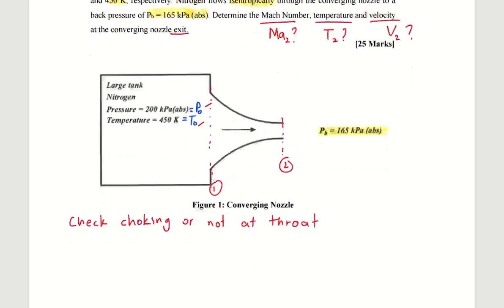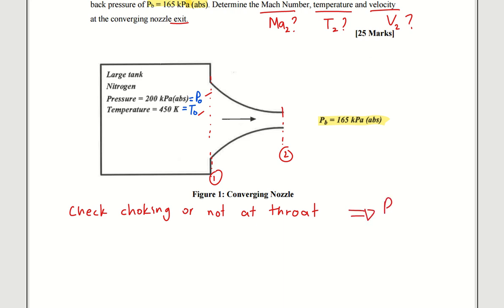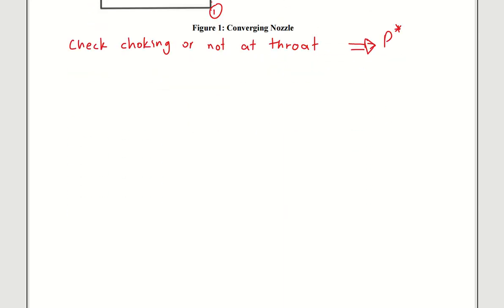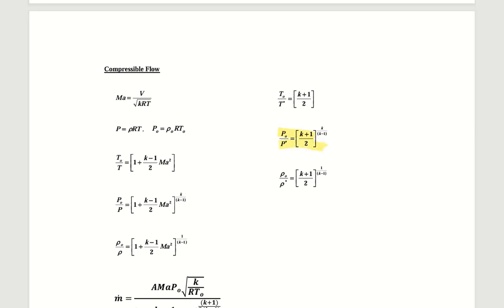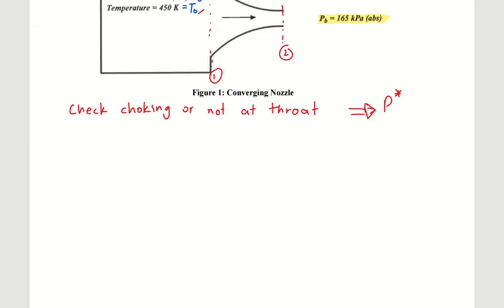So how do you check choking or not? You need to calculate the P star, the critical pressure. How do you get the critical pressure? You go back to the equations. We have one equation here where we have P star in it, and we can rearrange it so that you get P star.